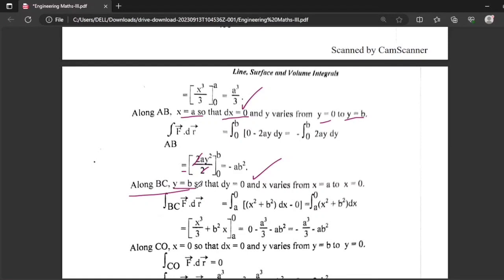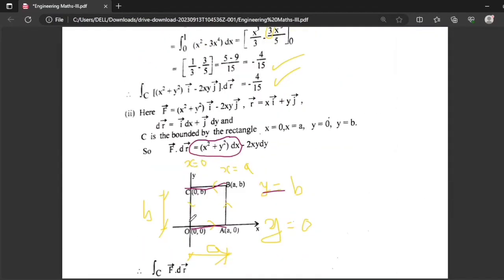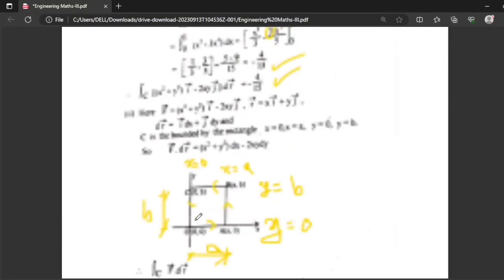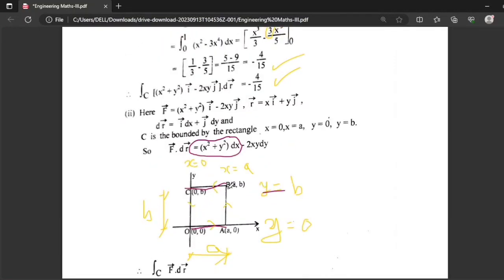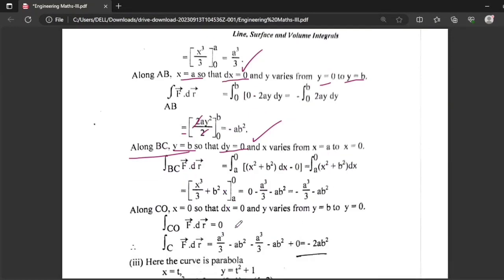So there is no change in y; because b is a constant, dy is 0, and x varies from a to 0.